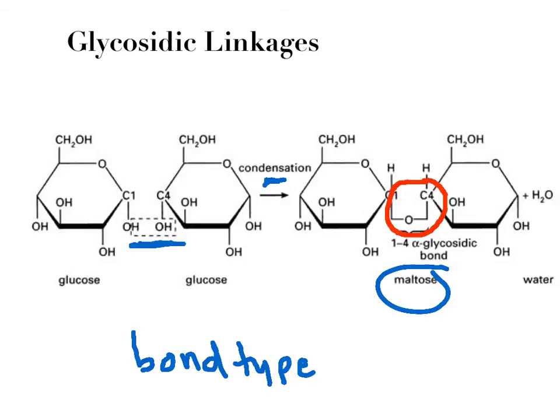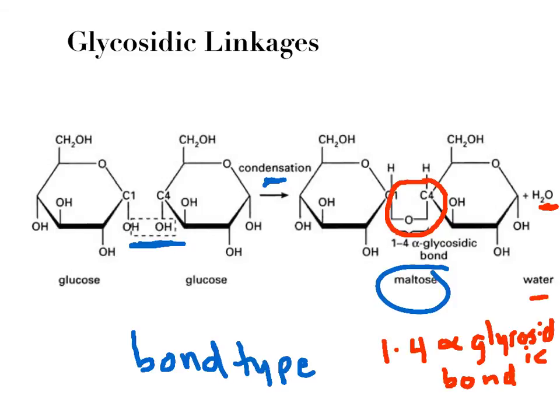That's called a 1,4-alpha, it's Greek letter alpha, glycosidic bond, or glycosidic linkage. And this is what accounts for the making of disaccharides and for a lot of our polysaccharides. And you see we have water over here, so there's also water formed in this reaction. So that's called a condensation reaction, and the bond that forms is a 1,4-alpha glycosidic bond.